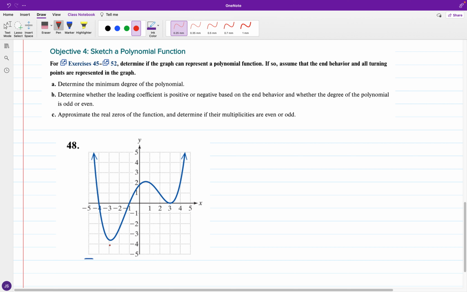Like if we were to determine the number of turning points, the graph starts out by dipping, then rising to a relative minimum, and then getting to the x-axis at 3, 0, where we have the second relative minimum. So for this function, we have 3 turning points.